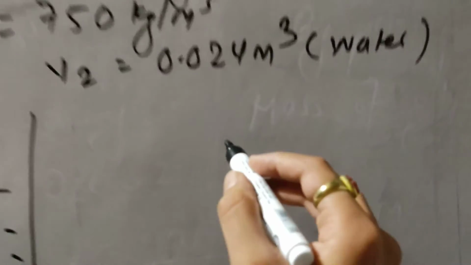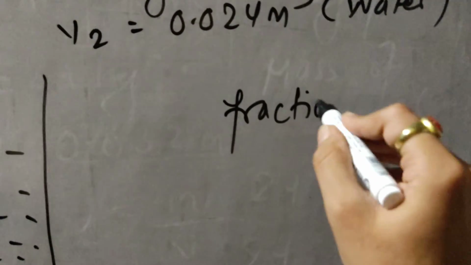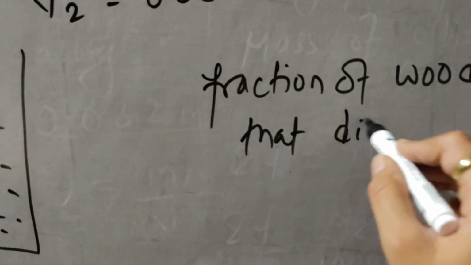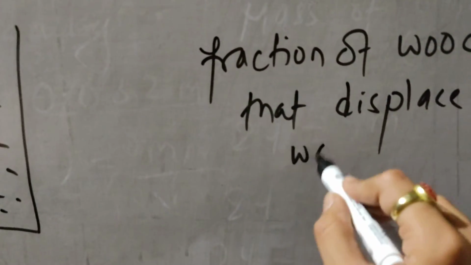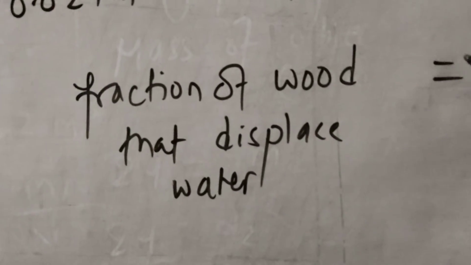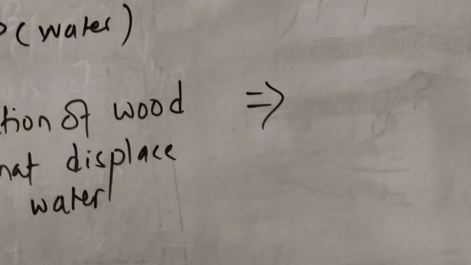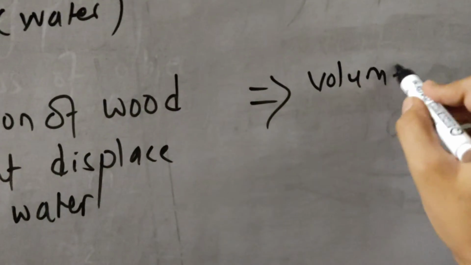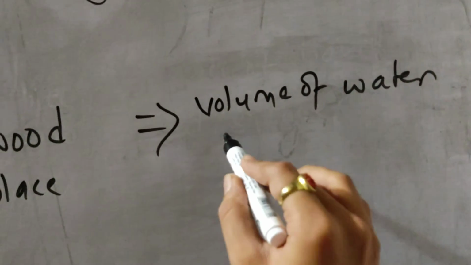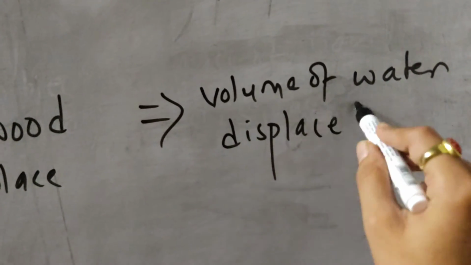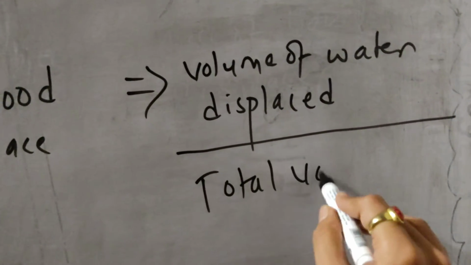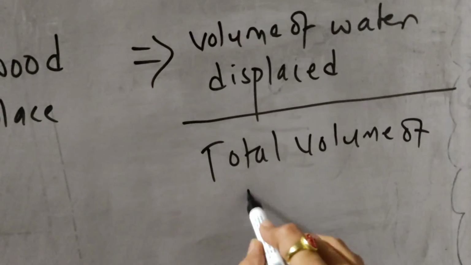Now the fraction. Fraction of wood that displaces water is equal to volume of water displaced divided by total volume of wood.